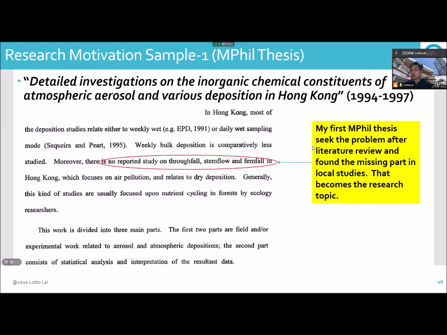After the literature review, I found the missing part in the local study. We had a report in Hong Kong at that time about throughfall, stemflow, and turn flow. It means the rain washing the forest, trees, grasses, ferns, etc.